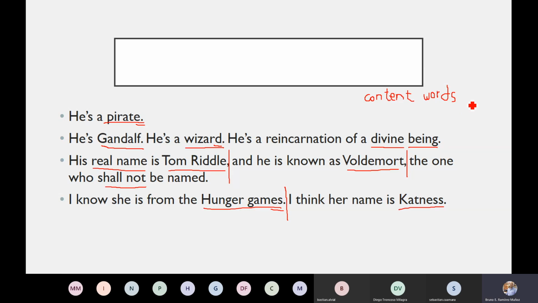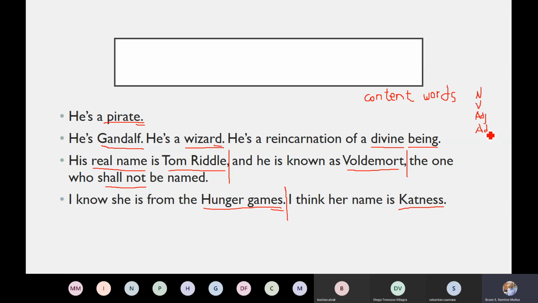Also, content words are adjectives, such as divine, beautiful, strong, and besides adjectives, we have adverbs.